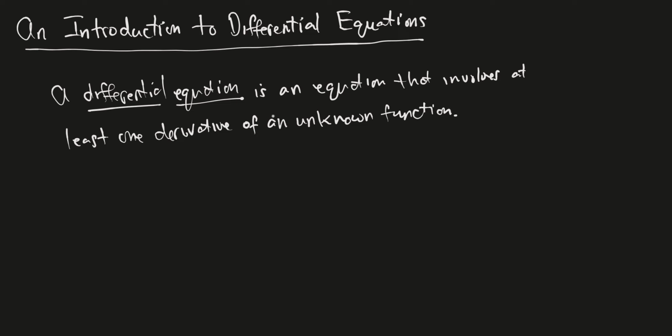That's what a differential equation is. So it's an equation, and we know what equations look like. But the key now is that these equations involve at least one derivative of some unknown function.